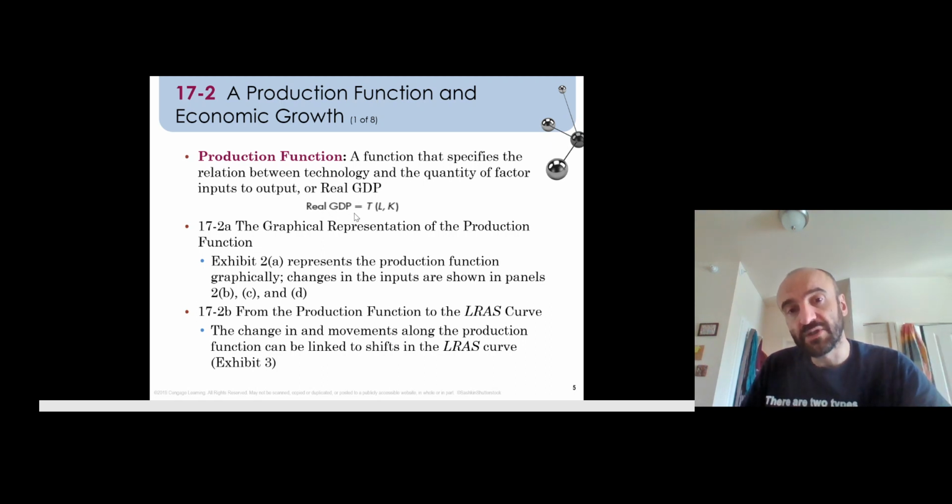So you can say that the real GDP is a positive function of the amount of capital that your country has, labor, and the technological sophistication that you have, the level of technological development. So technological development augments or amplifies productivity of labor and capital, which means that better technological tools increase productivity of labor and capital.